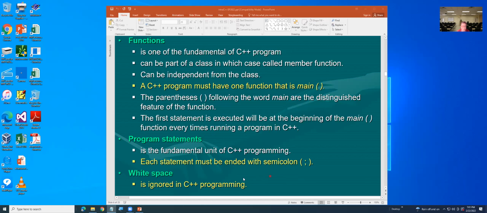Okay? White space is ignored. What does that mean? It's not going to execute that command. On the comment? What is on the comment?